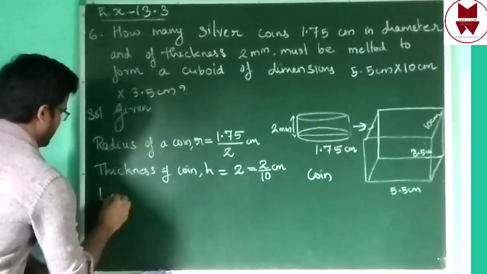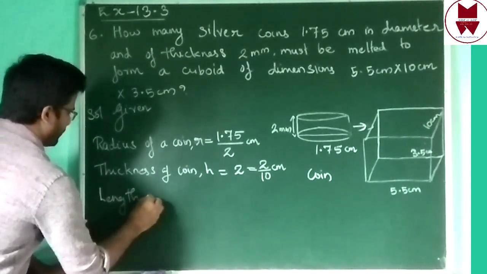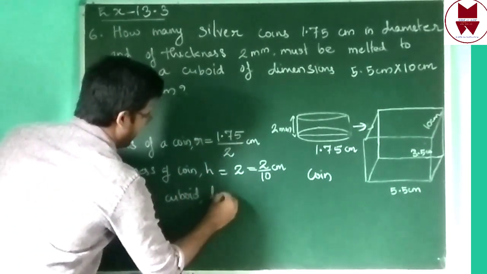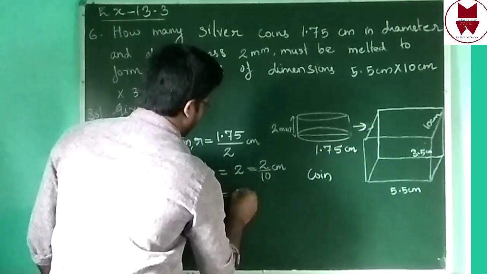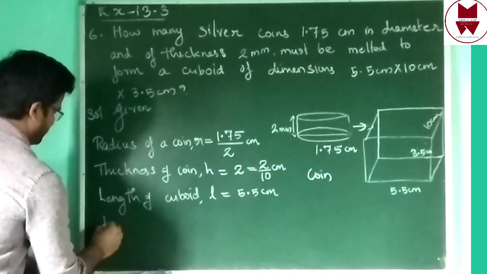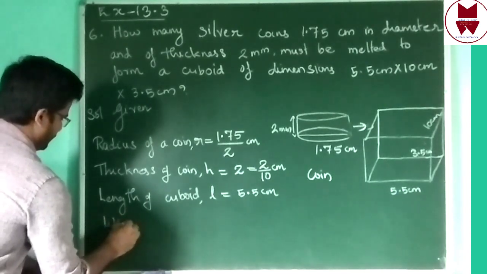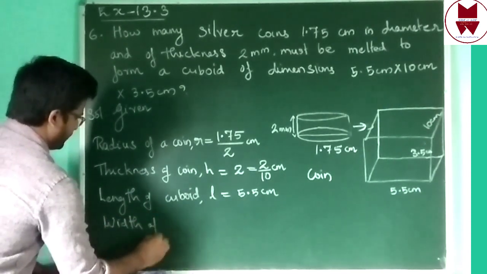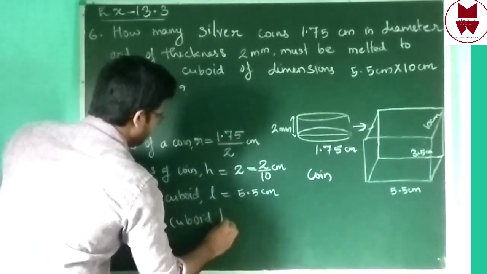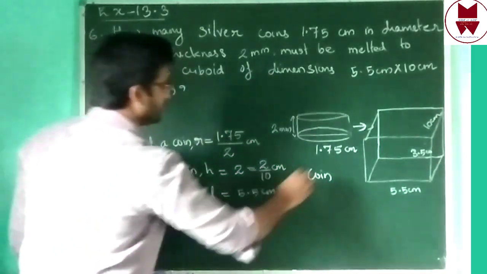Then next, the cuboid: length L equal to 5.5 centimeter. Then width of cuboid B equal to 10 centimeter.